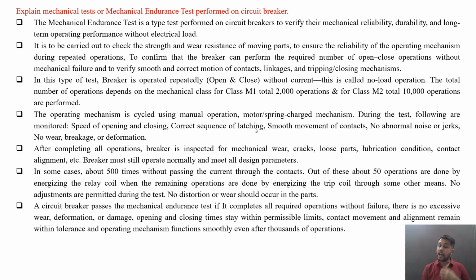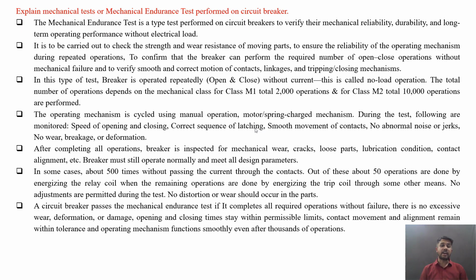Out of this, about 50 operations are done by energizing the closing coil, while the remaining operations are done by energizing the trip coil through some other means. No adjustments are permitted during this test. No distortion or wear should occur in the moving parts or the contact parts.